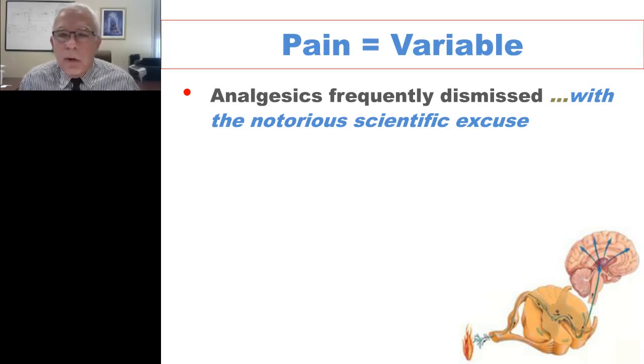I'm the attending veterinarian at my institution. I review all protocols before they go to the oversight committee. And frequently I see, and I'm sure that a lot of you have seen, protocols where the investigators will say, although this is a painful procedure, I am unable to use analgesics, and they give you this scientific excuse, and they give you a huge list of why they can't give analgesics.